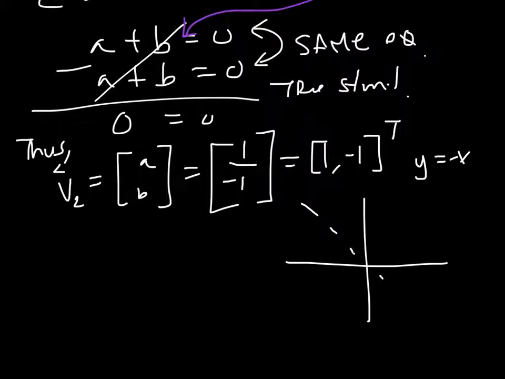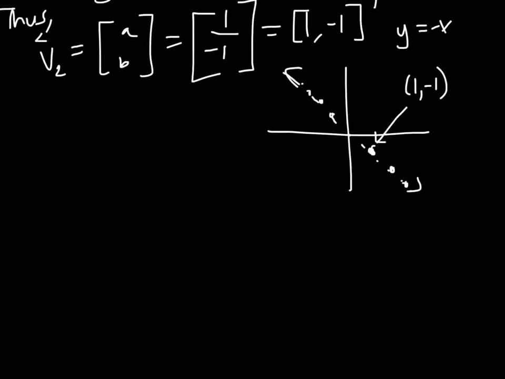So there's our y equals negative x line, and 1, negative 1 is right there. If you pick 2, negative 2, 3, negative 3, negative 1, 1, there are infinitely many points. I just happen to pick that one. So again, you can pick your own value if you'd like. Okay, so we have 2 solutions.